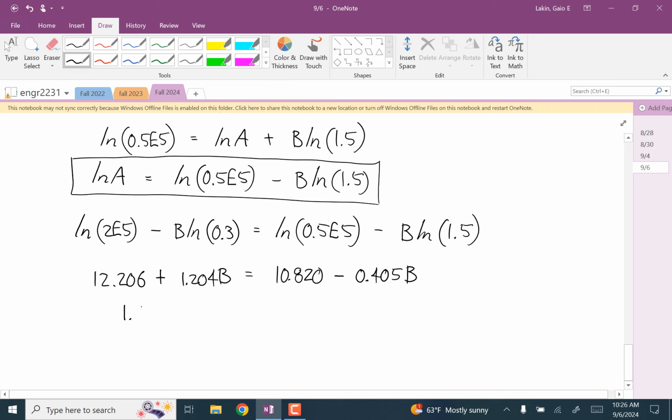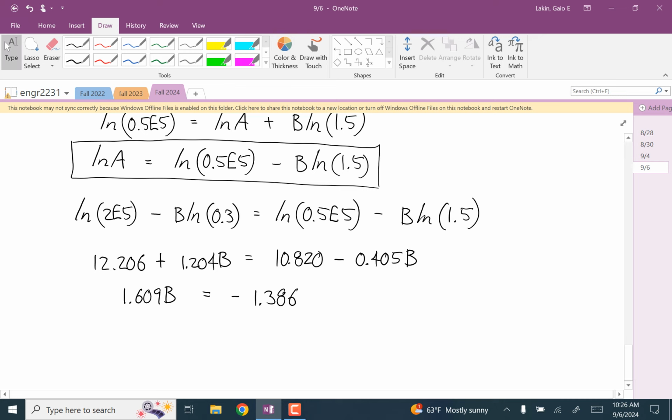And so we get 1.609B is equal to negative 1.386. And so B is equal to negative 0.861.